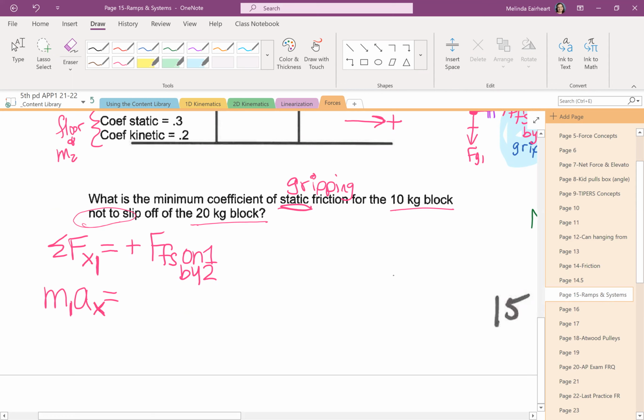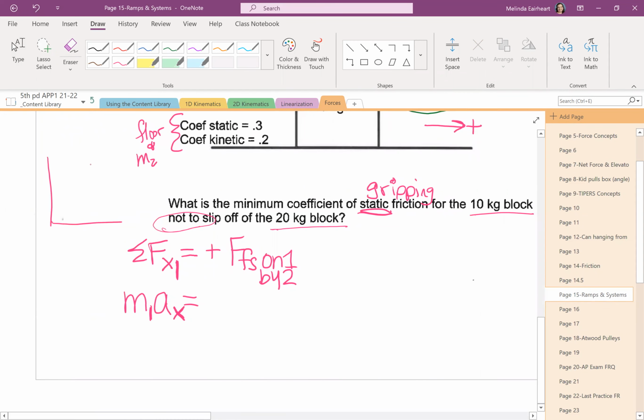And then what can we plug in for the force of static friction? Well, I know it says minimum here, but they're just saying, what's the slickest type of surfaces we can have to maintain that max grip. And just a reminder, with friction, you've got this graph to look at.